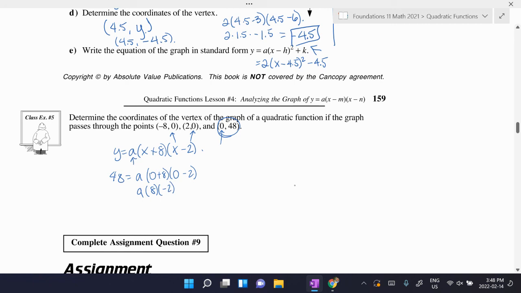So that's equal to negative 16. I'm just going to divide by negative 16. The only thing that's left on this side is the a. A is equal to 3. So we have y is equal to 3 times x plus 8 times x minus 2.